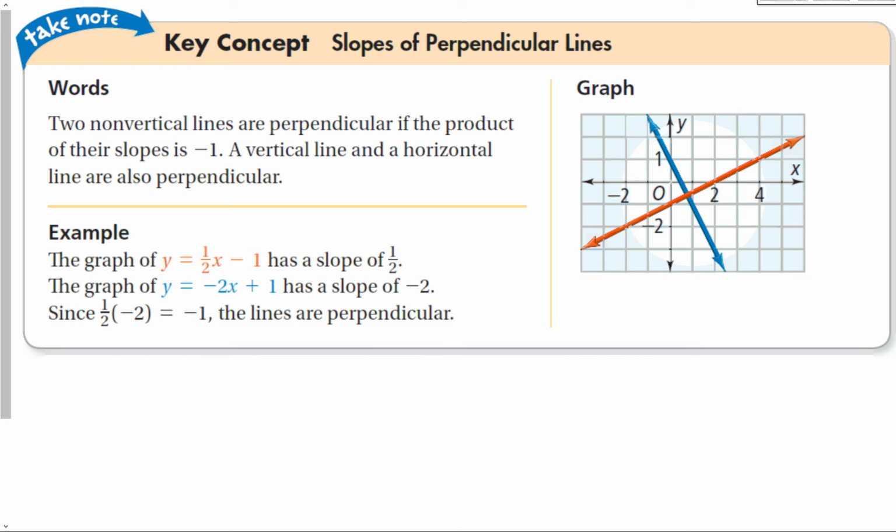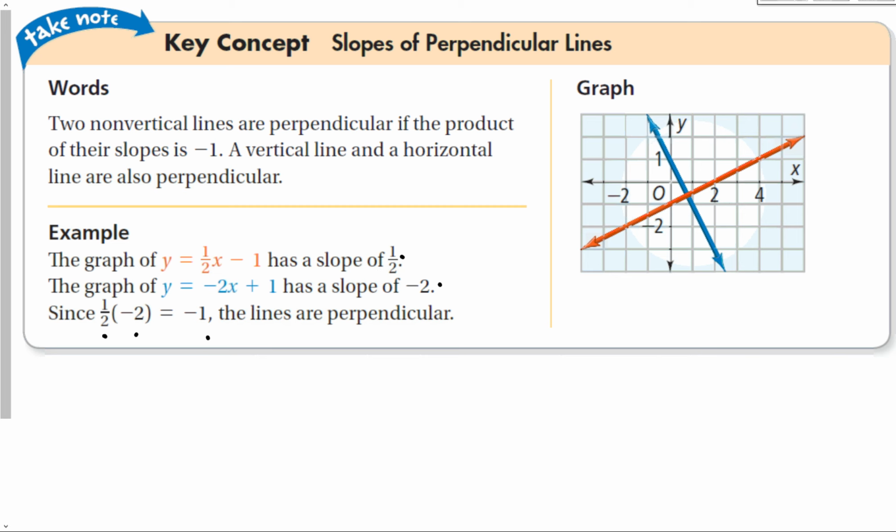A vertical line and a horizontal line also happen to be perpendicular, even though a vertical line has an undefined slope. So, my graph of, in red, y is equal to 1/2 x minus 1 has a slope of 1/2. The graph of y is equal to -2x plus 1 has a slope of -2. If I multiply these slopes together, we get -1.